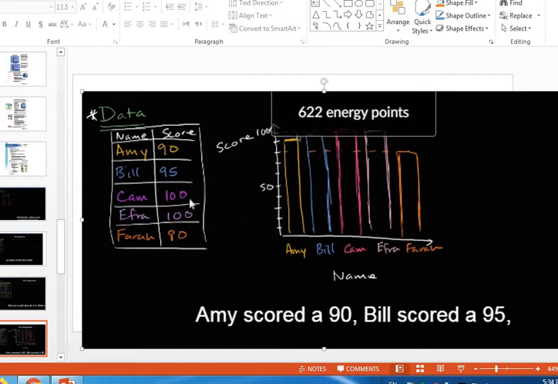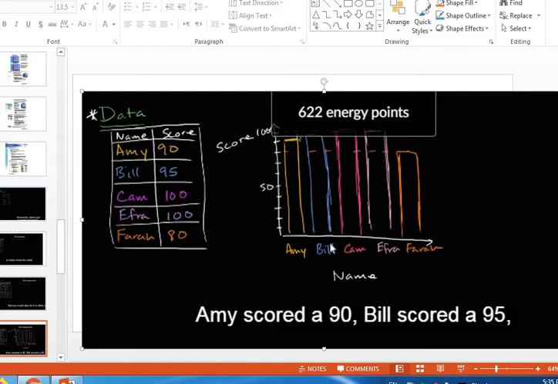Then came Cam, who got 100, so I go up until I get to 100. Then for Ifra also 100 from your table. And then Farah, she got 80, so I go up until I reach 80 on the score scale of 100.